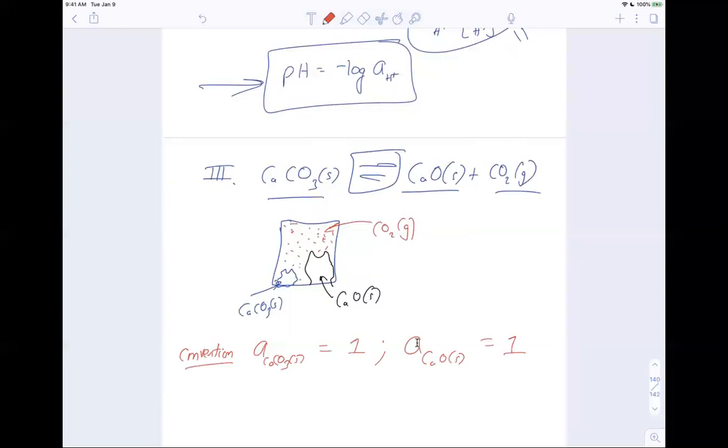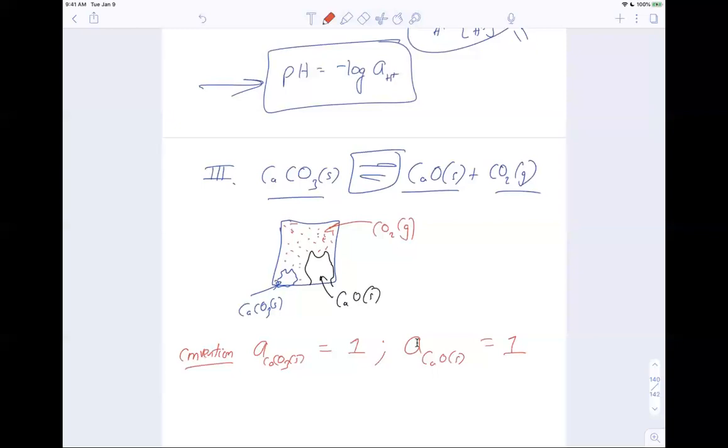We'll just let those be, because you can tell that they're pure. They're just some solid. We don't really have to worry about their ideality because they just exist as themselves. So remember the mixture, we don't have to worry about that. It's just a solid.